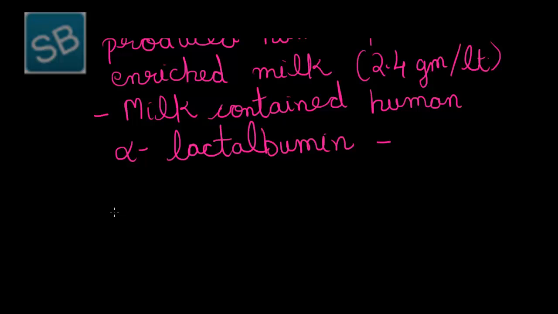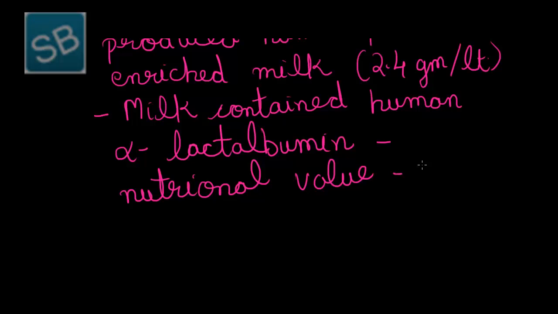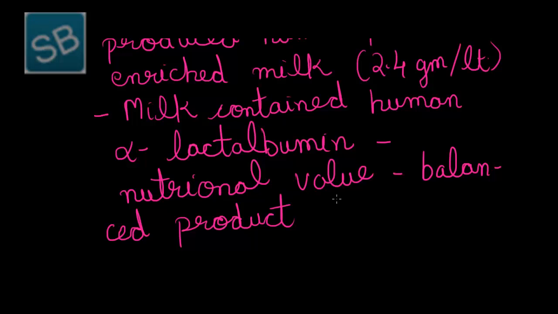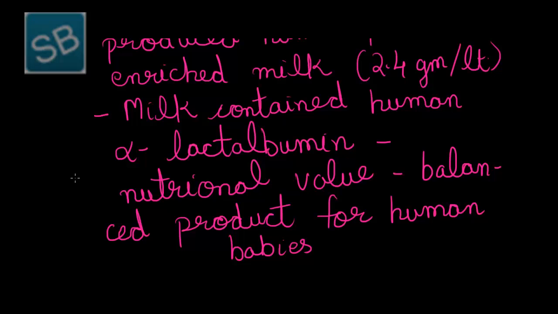This component enhanced the nutritional value and provided a balanced product for human babies. This was definitely much more nutritional than the normal cow milk, and it was only due to the production of transgenic animals.